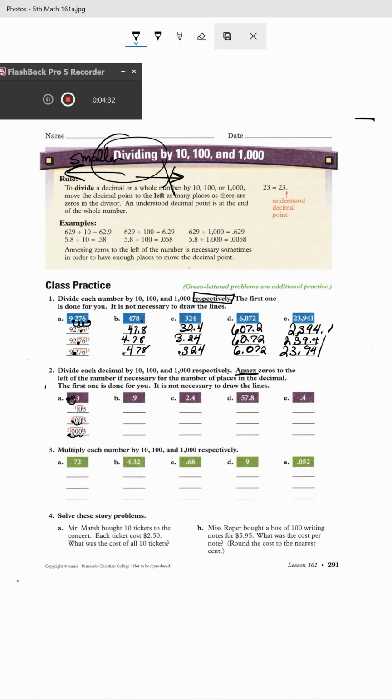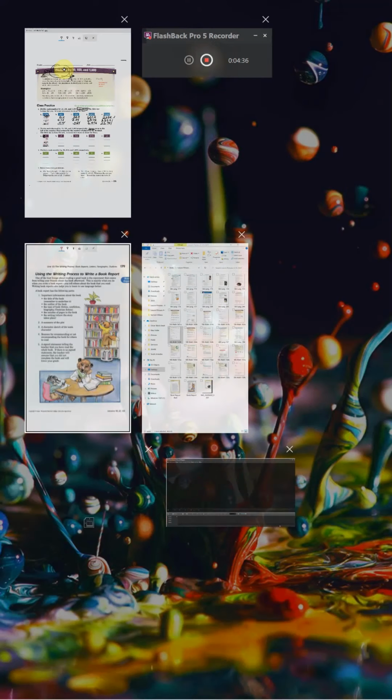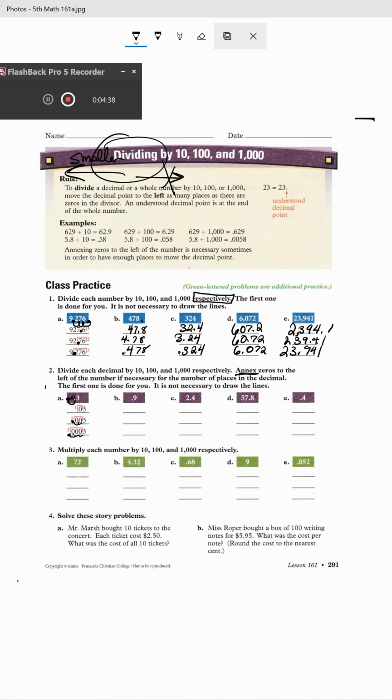All right, so remember, just as a reminder, because sometimes people forget, if that's my number 0.9, if I put a 0 over here, I have not changed the value at all, because 9 in the tenths place is the same as 90 in the hundredths place.